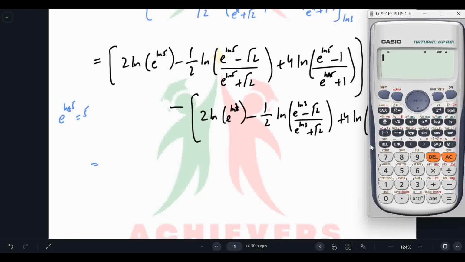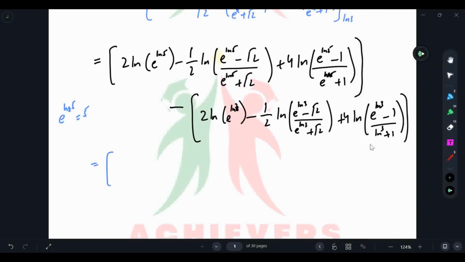Now from here this will become 2 natural log of 5 minus 1 by 2 natural log of 5 minus square root of 2 divided by 5 plus square root of 2. Then we have plus 4 natural log of 5 minus 1, and here we will have 5 plus 1.